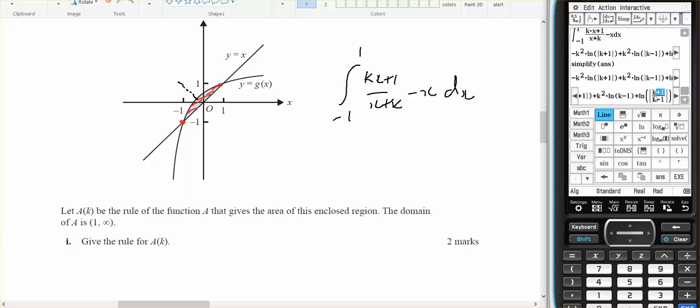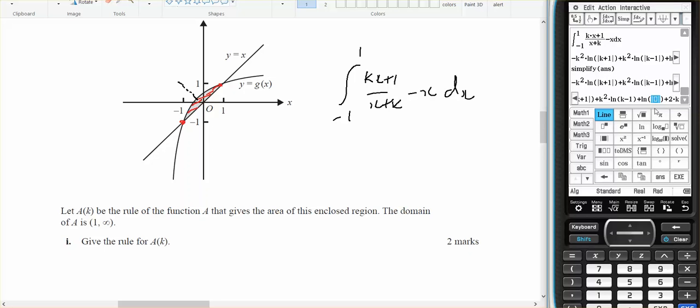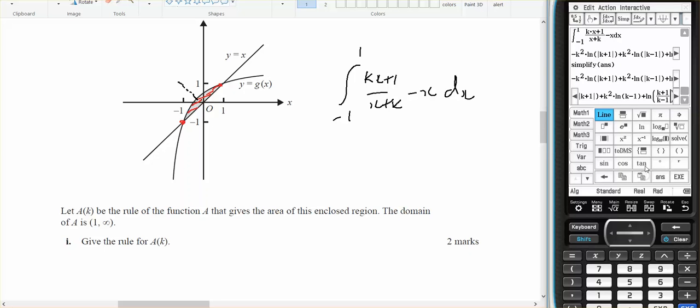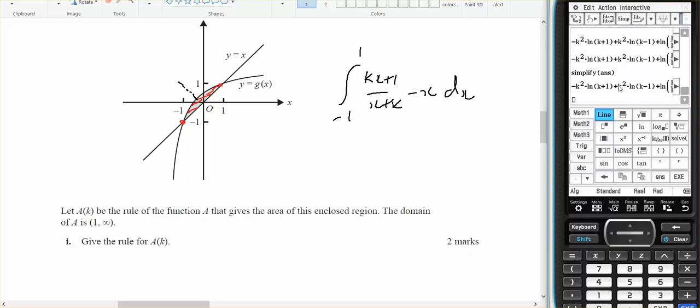I'll cut that, get rid of the modulus sign, and paste. And any more, grab that, get rid of the modulus sign, and paste. And then simplify the answer.